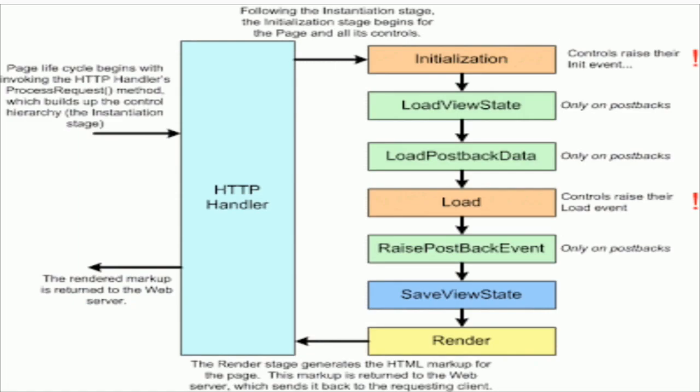Then we have load. In load there are many events like PreLoad, Load, control events, and LoadComplete. These events are called in such stages, and there are some event handlers with respect to events. The names of those event handlers are also given. In the stages you can see there are a total of 4 stages they have used: page initialization, load, rendering, and unload, and the respective events which occur during these stages and their respective handlers. This chart shows that.